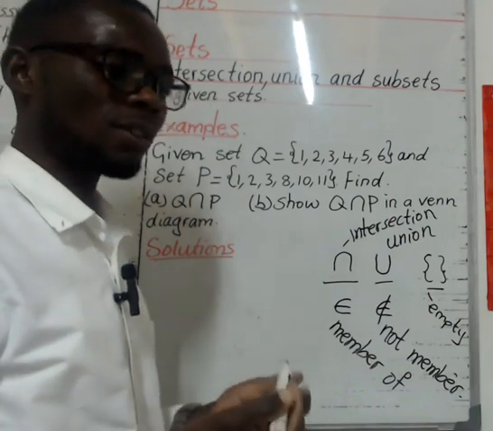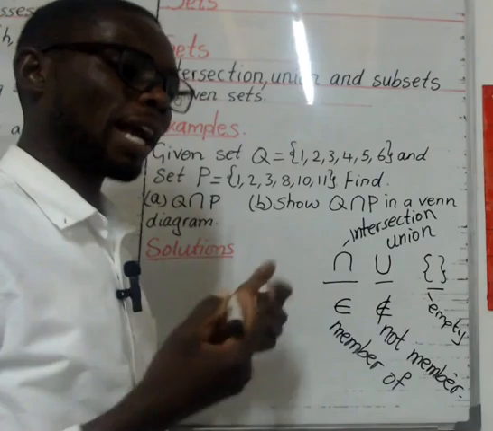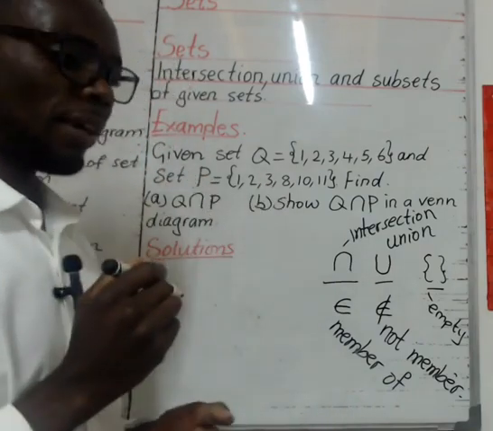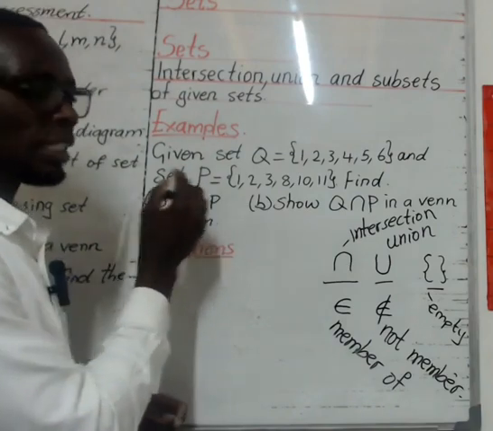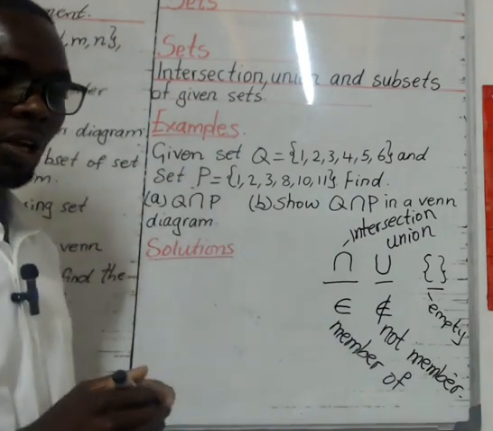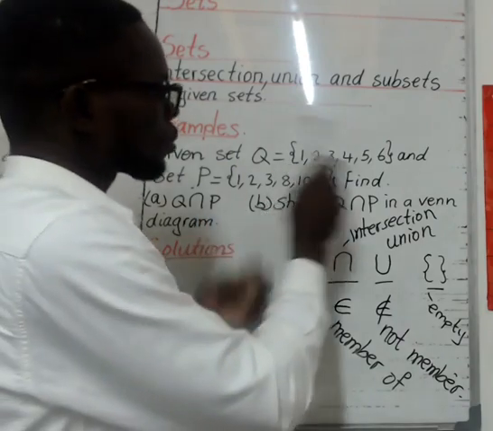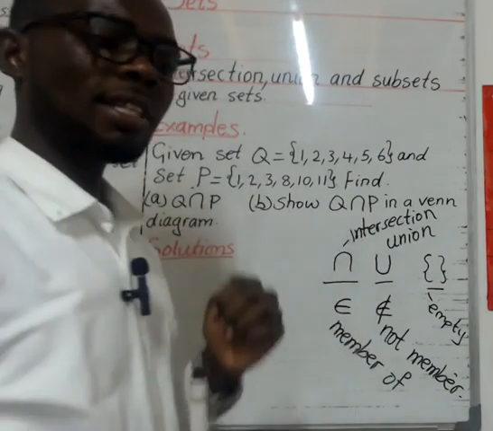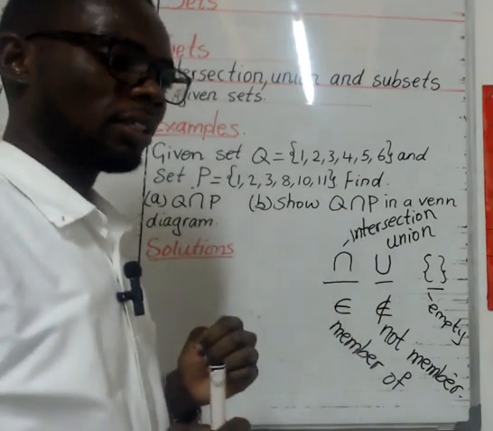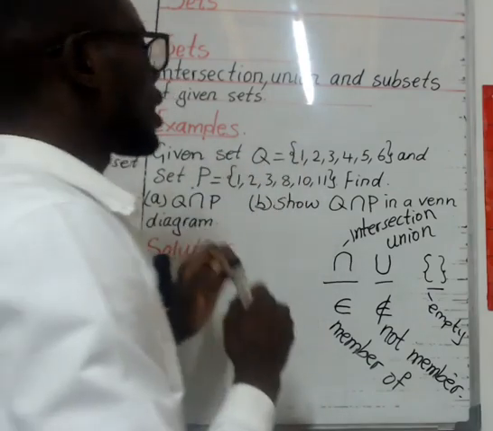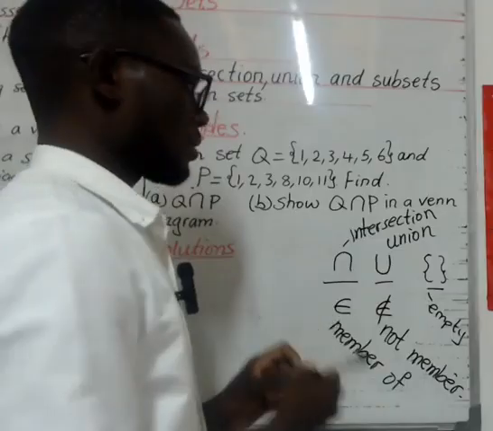So the name of a set has to be written with a capital letter. So is set P. It's also written with a capital letter P. And then we use the braces to put members inside. So elements of a set are inside the braces.